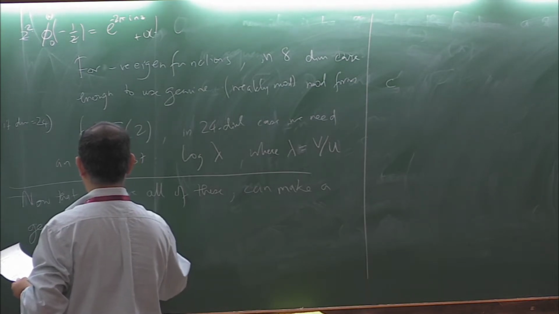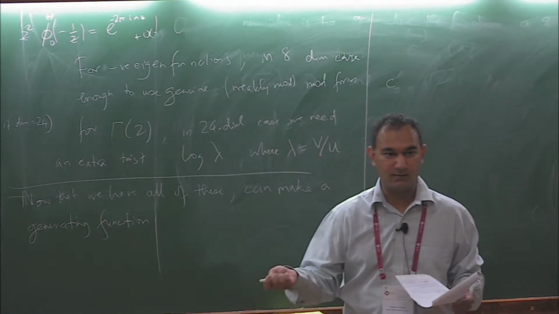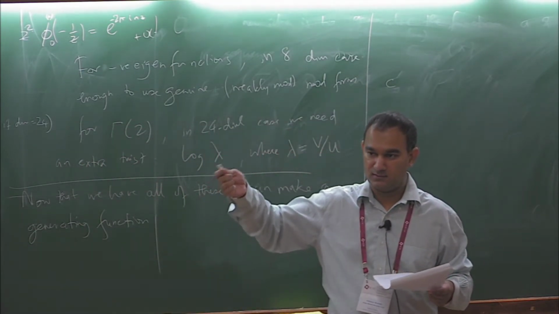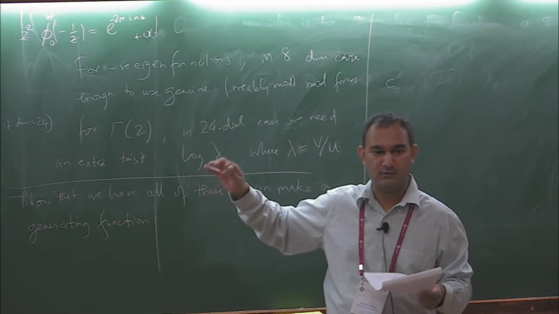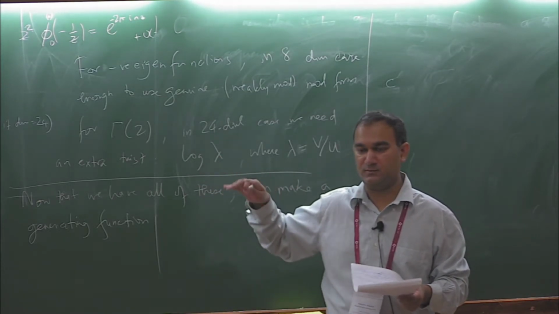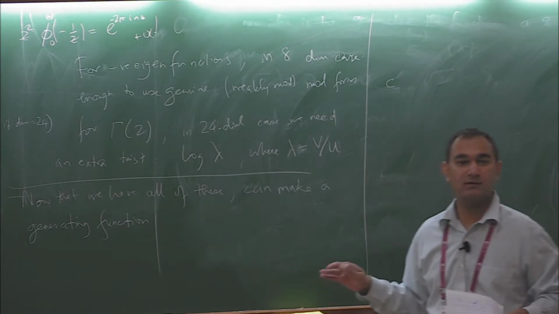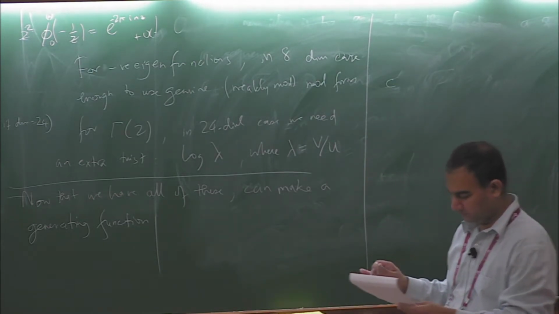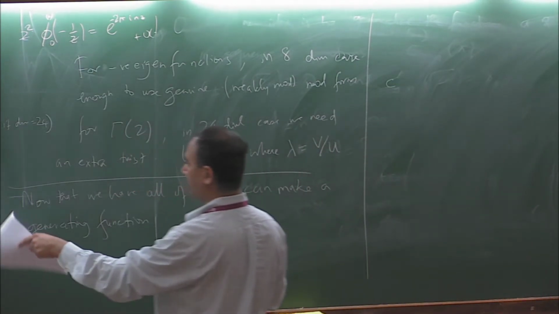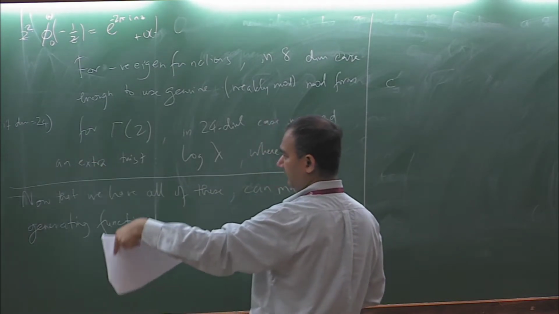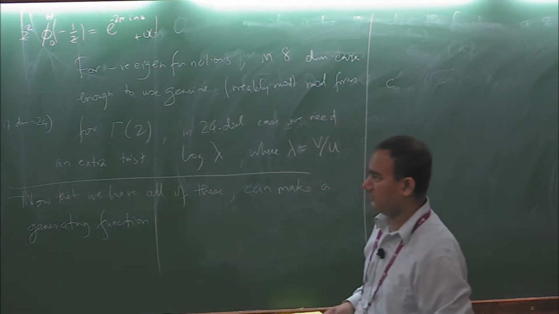You get one for every n, so you can multiply it by a different q to the n. You can multiply by x to the n, and you can sum over. And what you get is a two-variable modular form. Because you already have q of z here, and you can think of the other one as q of tau.